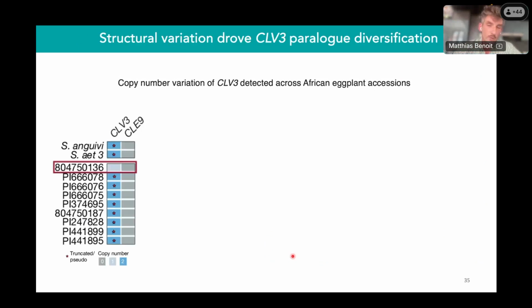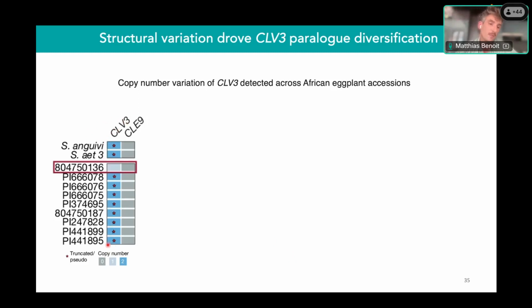Of course, because we're interested in fruit size and fruit phenotypes, we wanted to know if some of the structural variation was related to clavata3, which, as you know, is a major regulator of fruit size in tomato. What I'm showing you here is the presence, absence, and copy number variation of clavata3 in all those species.